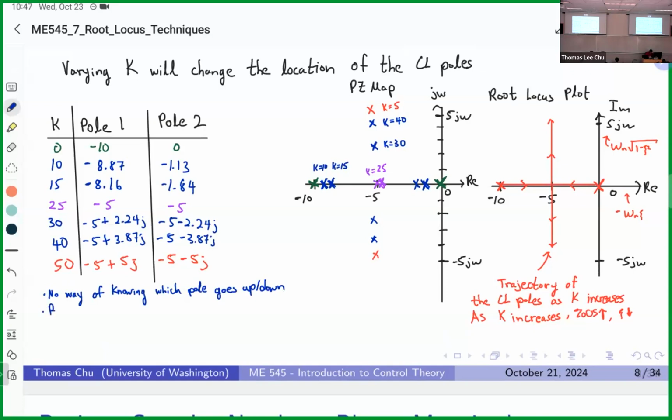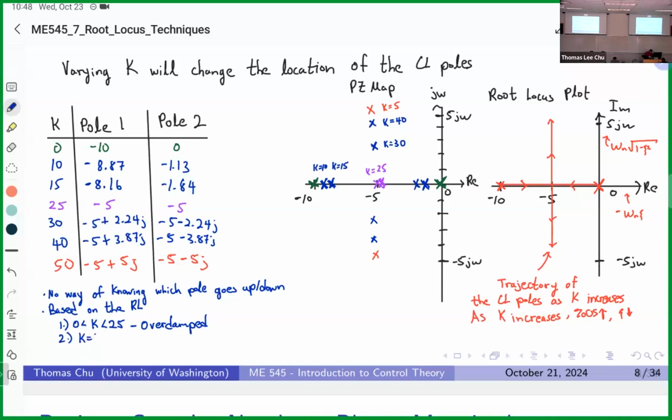The other thing is that based on the root locus, we know these three facts. One, for k greater than 0 and less than 25, the system is overdamped because we have two real poles that are not repeated.